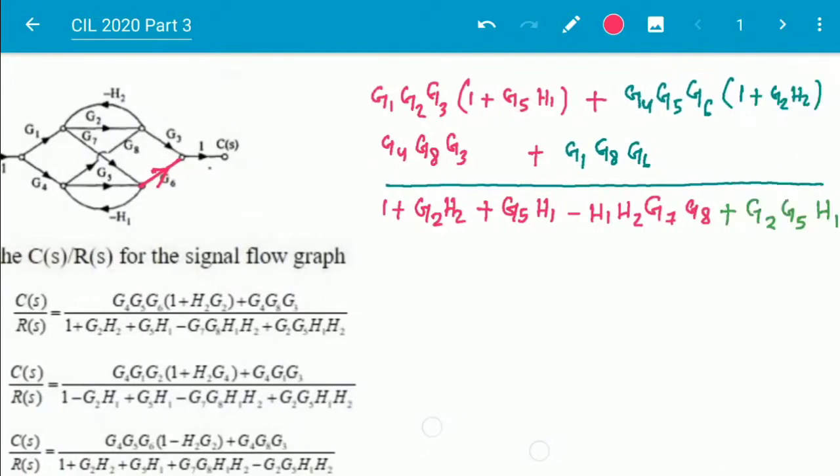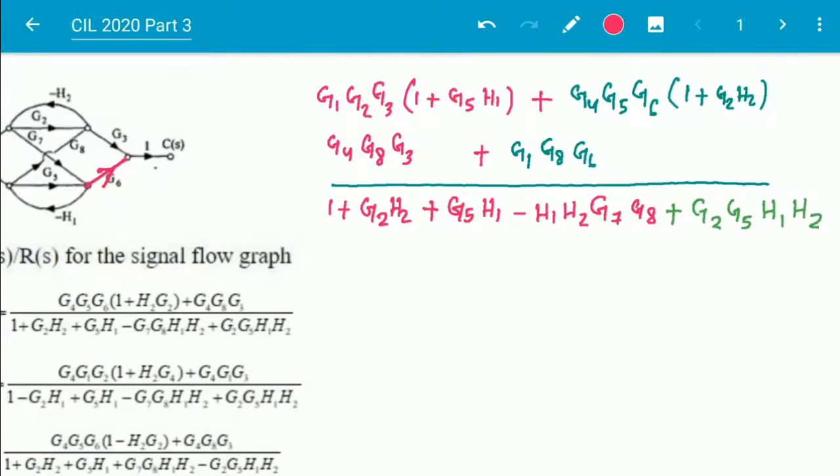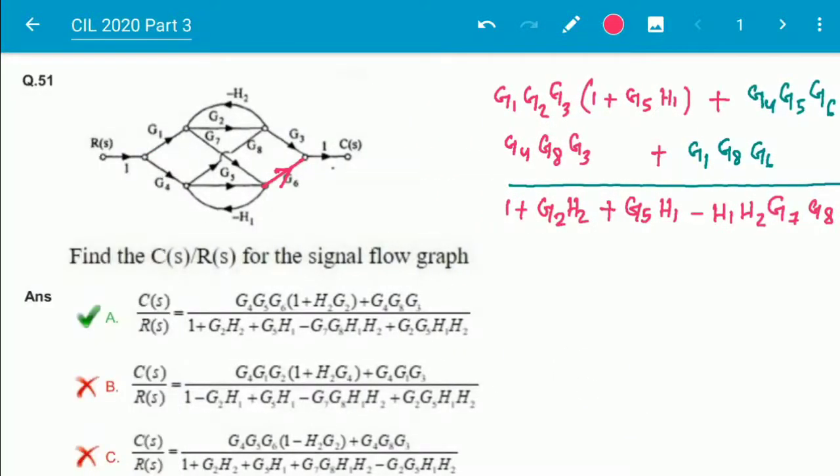We have to find out first the forward paths, and the first forward path is G1, G2, G3.